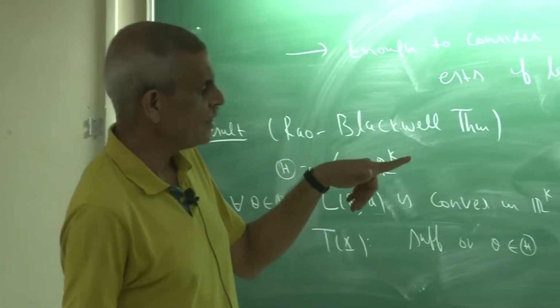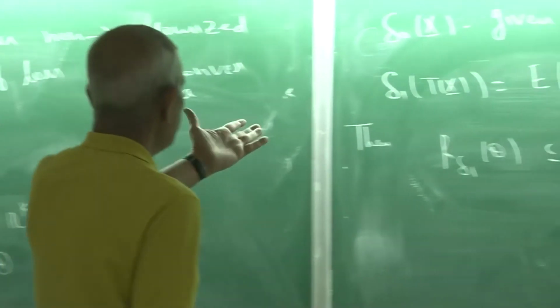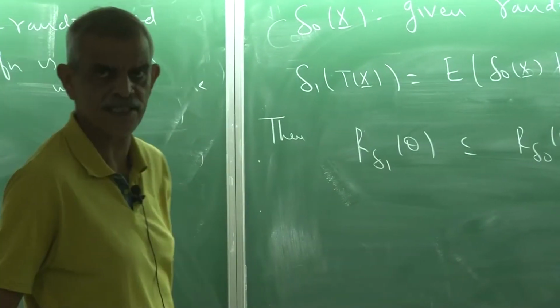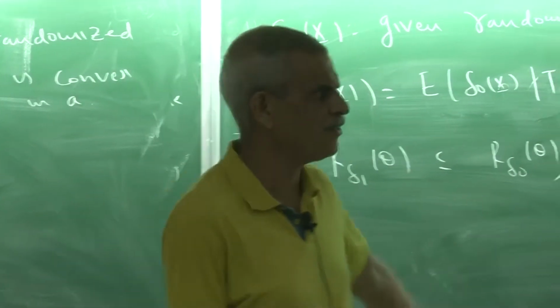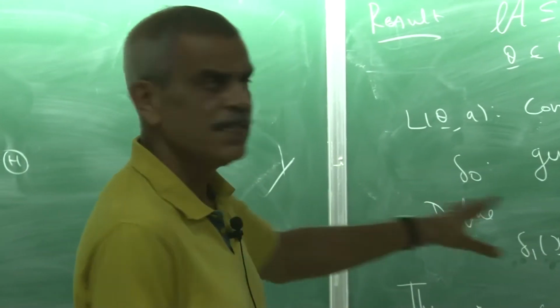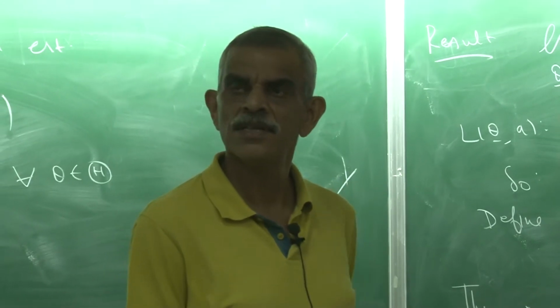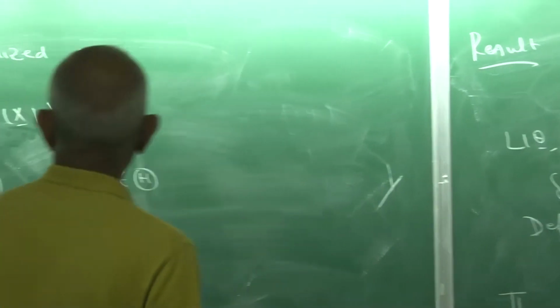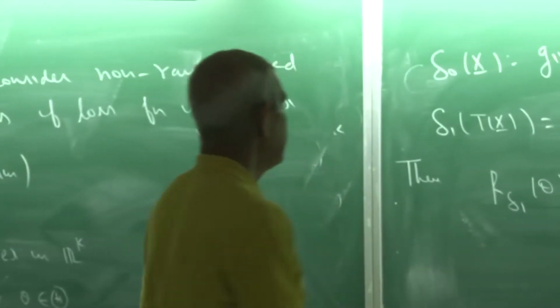If one has to look at the proof, it just follows from Jensen's inequality. So I leave it because you must have done it in the last course. I'm not doing it over here. It's just an immediate consequence of Jensen's inequality.